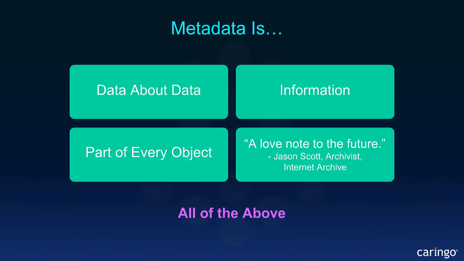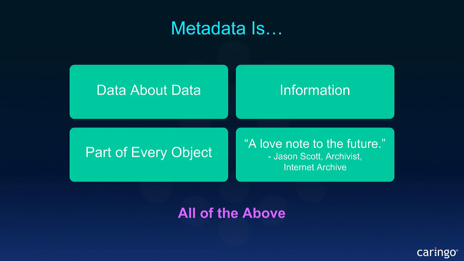If it were a satellite picture, it may be the latitude and longitude. If it's medical imaging, it could be the doctor, the sensor, or the version of the software. But the data about the data will be key for unlocking the value in the data later.